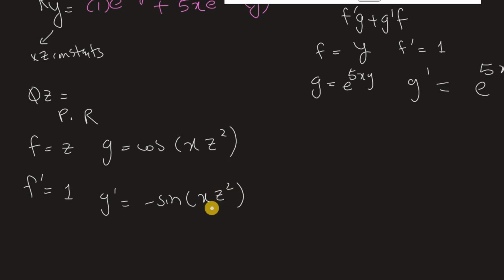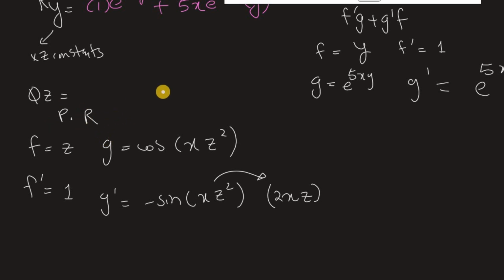Now this is a chain rule, so we'll need to multiply by the derivative of the inside function. What's the inside function? xz squared. Differentiating with respect to z, x is a constant, so it's going to stay over there, and the derivative of z squared is 2z.